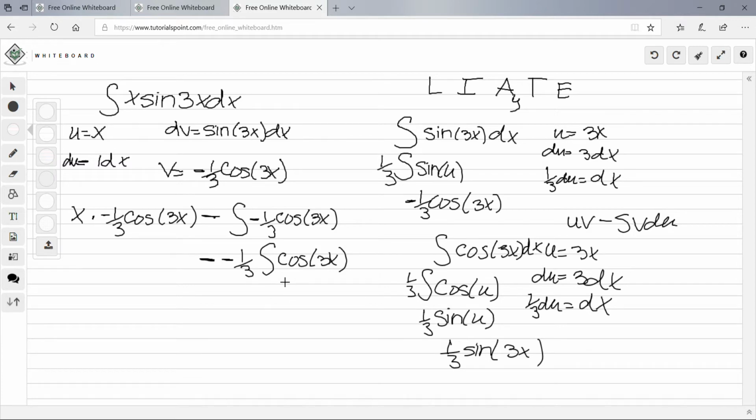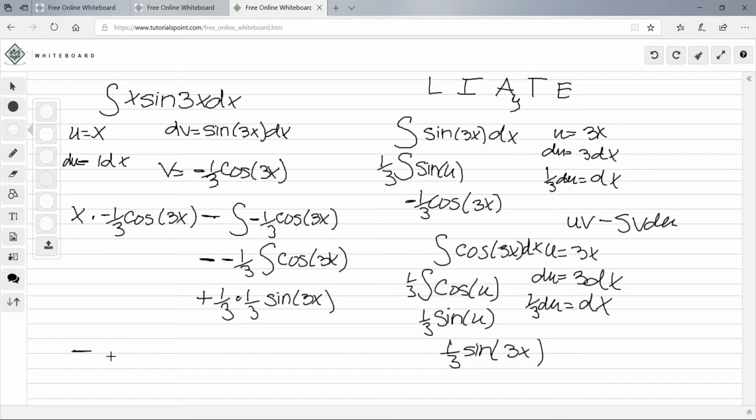Okay, so it's two negatives, so that becomes positive 1/3. And then don't forget this other 1/3, times sine of 3x. So this becomes 1/9.